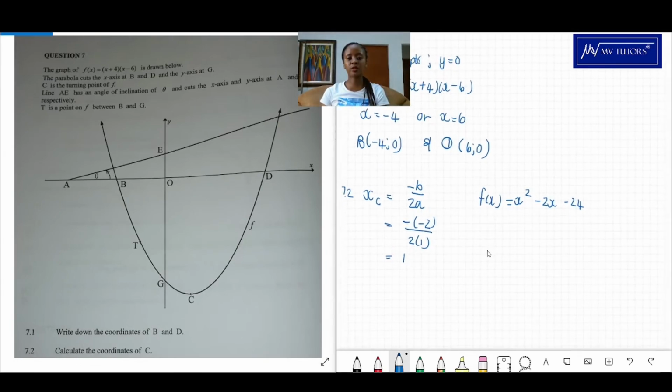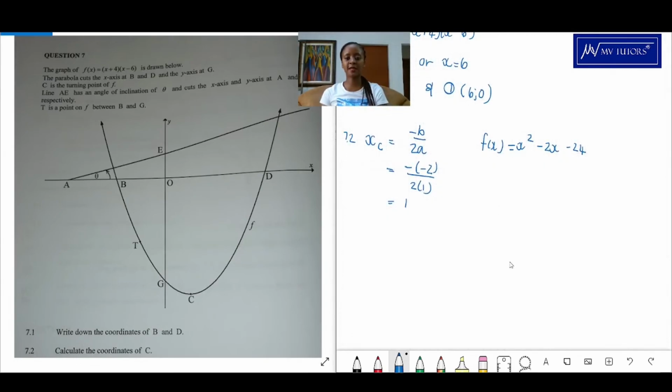Now what do we do to get the y coordinate? You simply substitute 1 into the equation. So I have 1 squared, then -2 times 1, which gives 1 - 2, which is -1, and -1 - 24 gives -25.